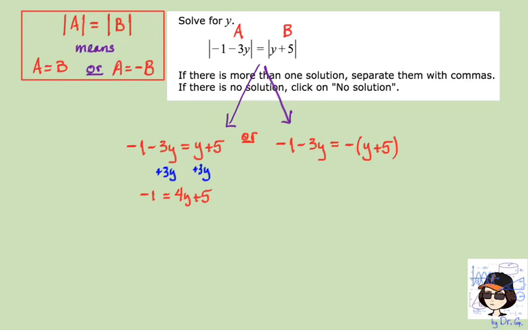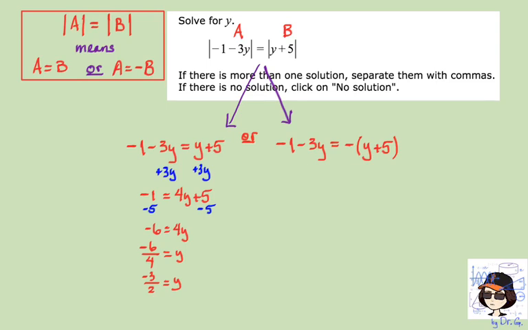Now I'm still trying to get the y by itself, so let's subtract 5 from both sides. When I do that, I get negative 6 equals 4y. Now I want to get rid of the 4, so let's divide by 4. So y will be equal to negative 6 fourths, and always simplify your fractions. So y is negative 3 over 2.